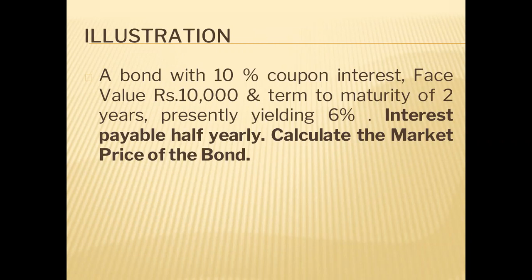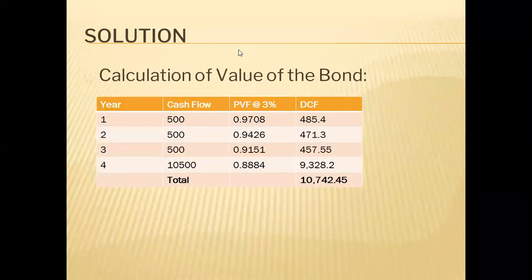So interest will be calculated on face value. 10,000 into 5% will be 500 rupees. So every 6 months you will get 500 as interest, and in the last period you will get the 10,000 back also.